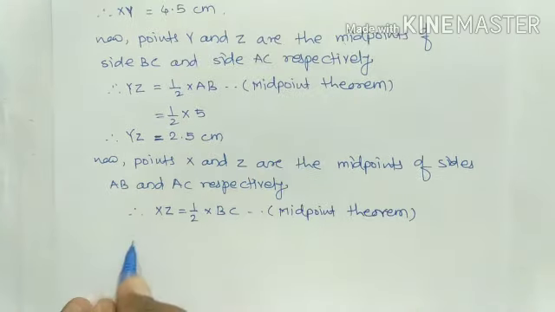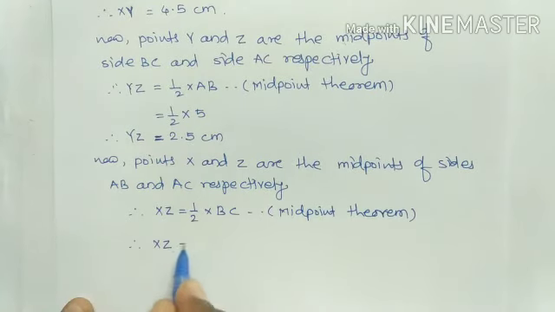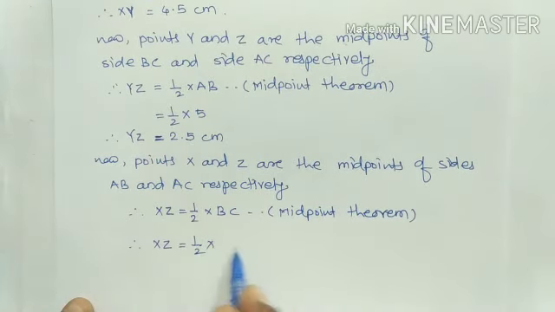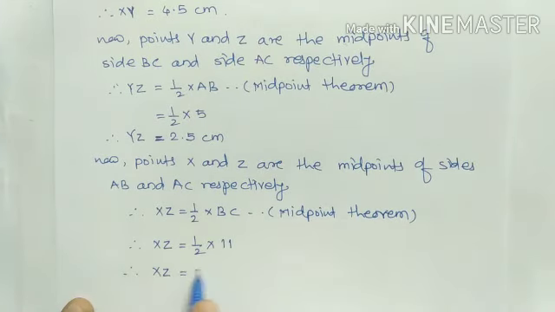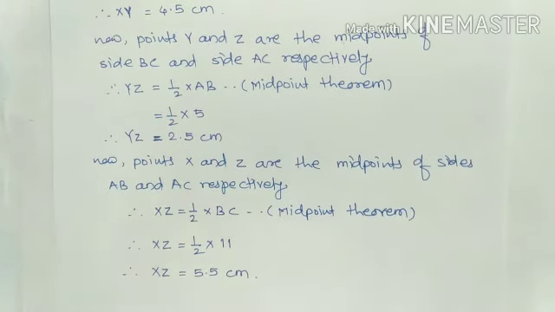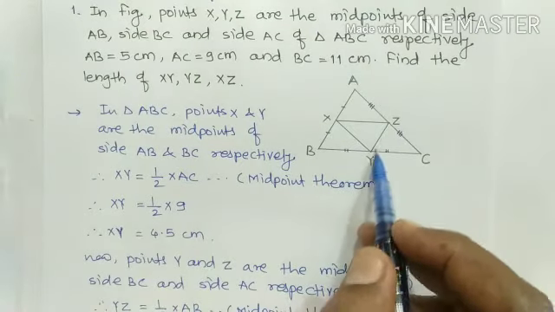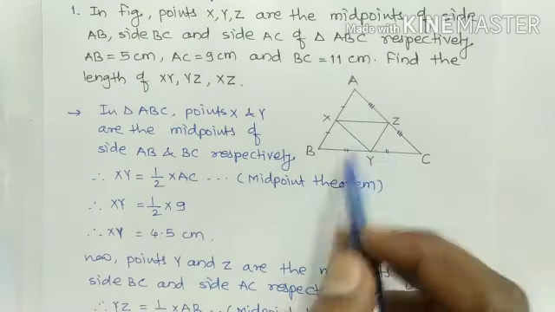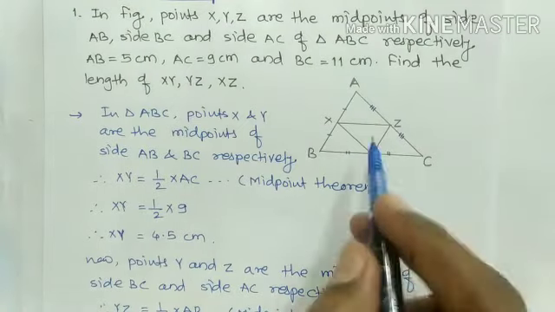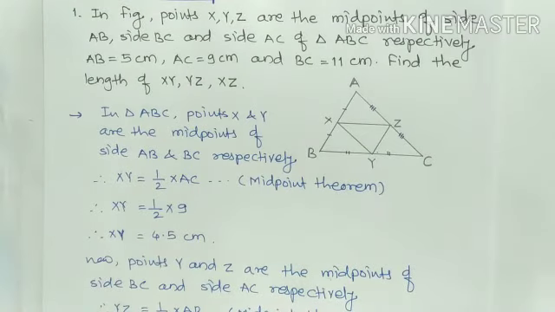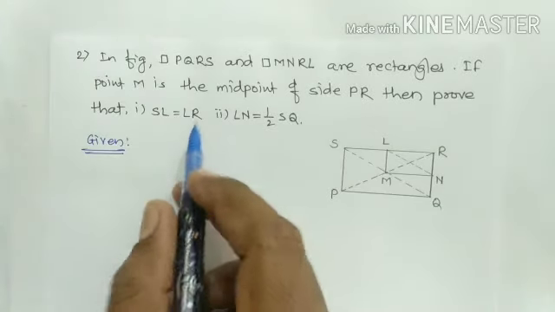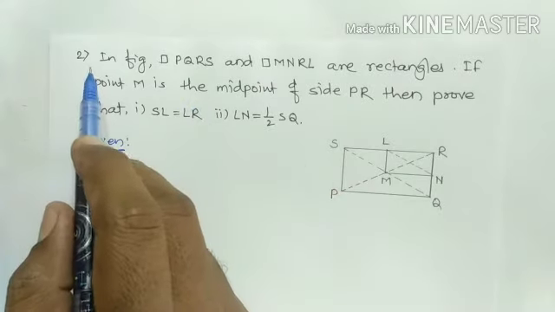And therefore XZ equals half into BC, given, which is 11, and therefore XZ equals 5.5 centimeter. So in this way we find the length of XY, YZ and XZ by using the midpoint theorem in this triangle ABC. Now the next example is example number 2.